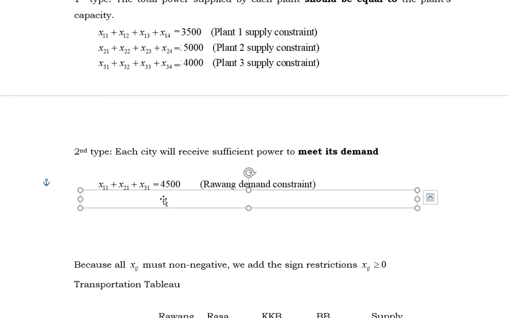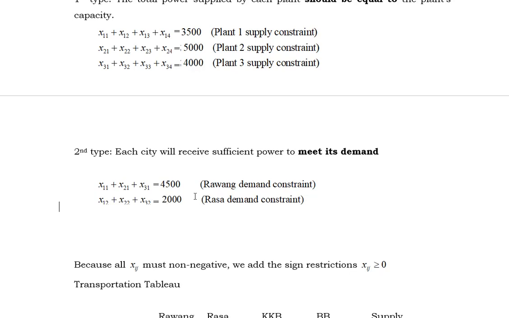Okay, the constraint for Rasa is x12 plus x22 plus x32 equal to 2,000. Next, the Kuala Kubu Baru demand constraint is x13 plus x23 plus x33 equal to 3,000.